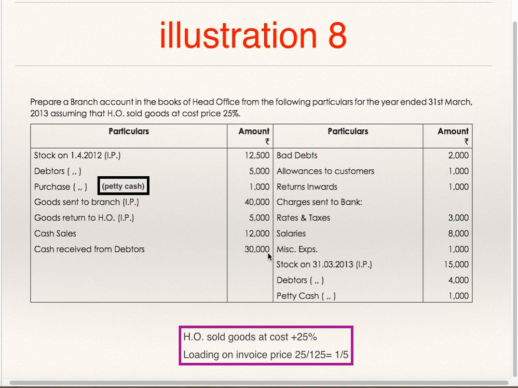Cash sales and cash received from debtors to be credited to the branch account as by bank, remittance by branch to head office. Bad debts, allowances to customers and return inward will not appear in the branch account. But if you are preparing a memorandum branch debtors account, then they are to be credited to the memorandum branch debtors account. Charges sent to bank: rent and taxes, salaries, miscellaneous expenses.